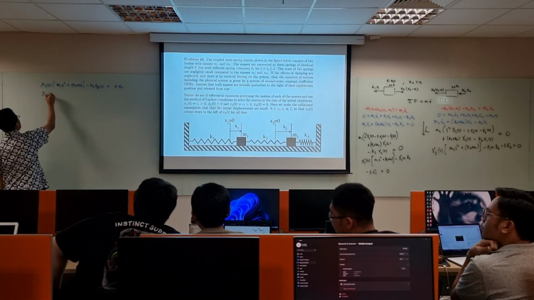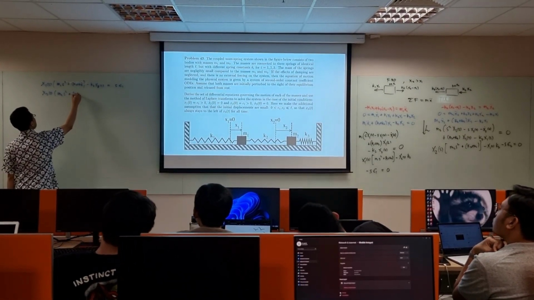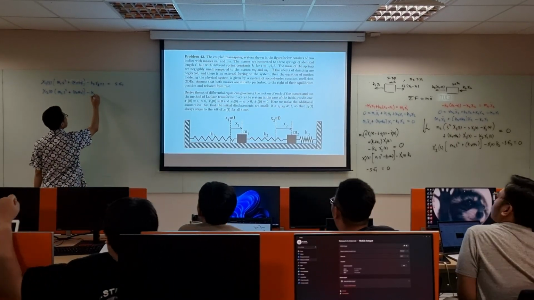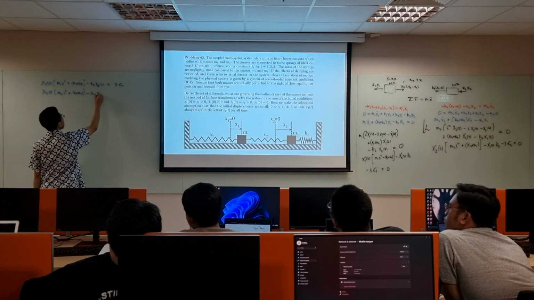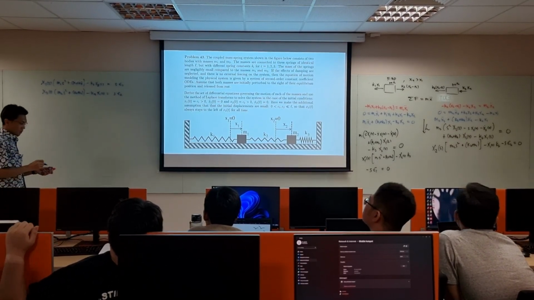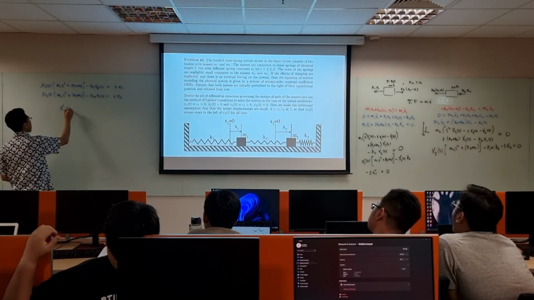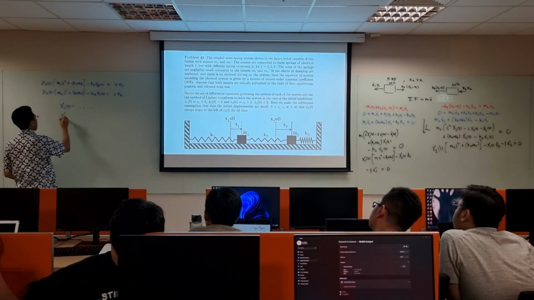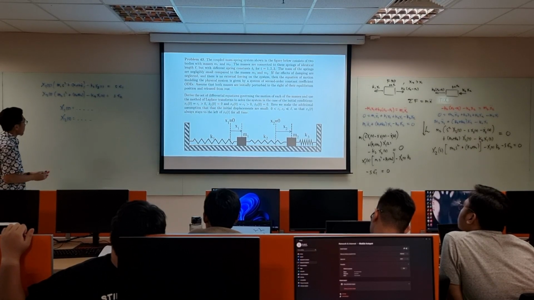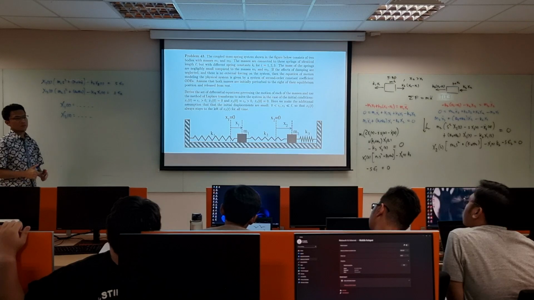And then this is k, what k, k2. Okay, so we want to get single equation like this, and then we have x2 as, but in this equation there is no x2, in this equation there is no x1.